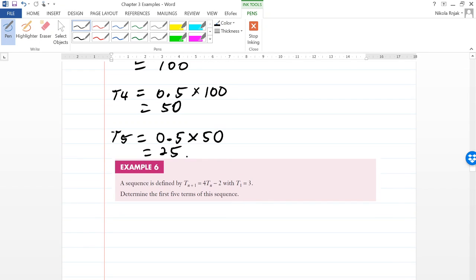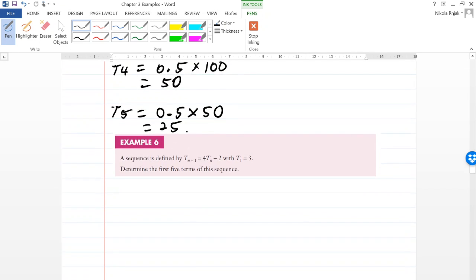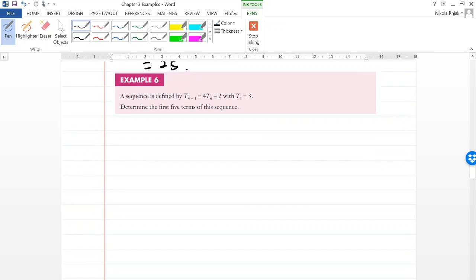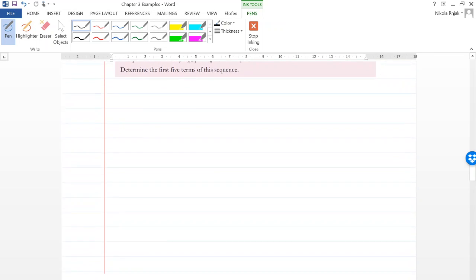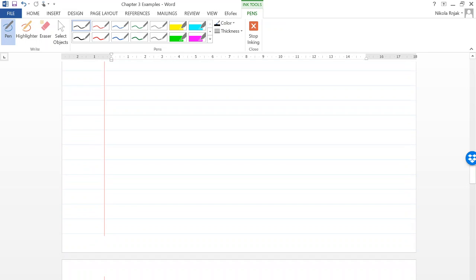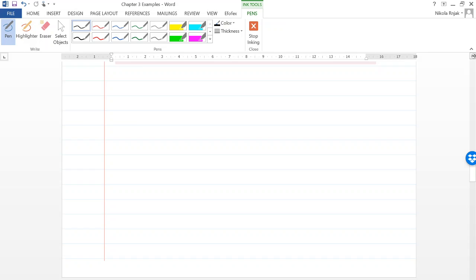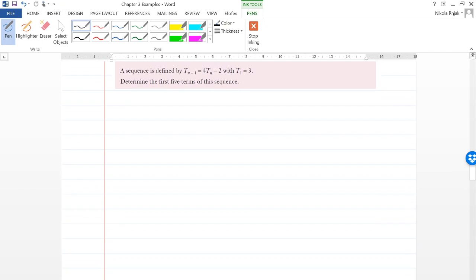So for example 6, a sequence is defined by t of n plus 1 is equal to 4 lots of tn take 2 with t1 equal to 3.